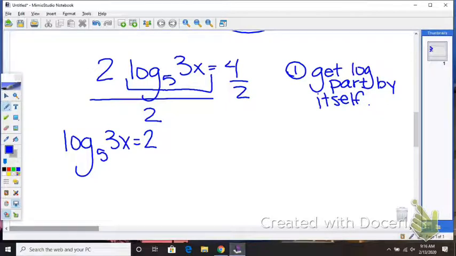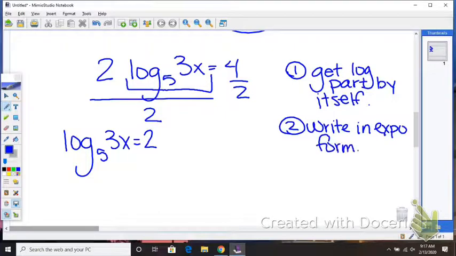Okay, so now we're going to write it in what form? Exponential. We're going to write it in exponential form. So to do that, my base of my exponent is going to be 5. It's going to be 5 to the what power? 2. 5 to the second power equals 3x.